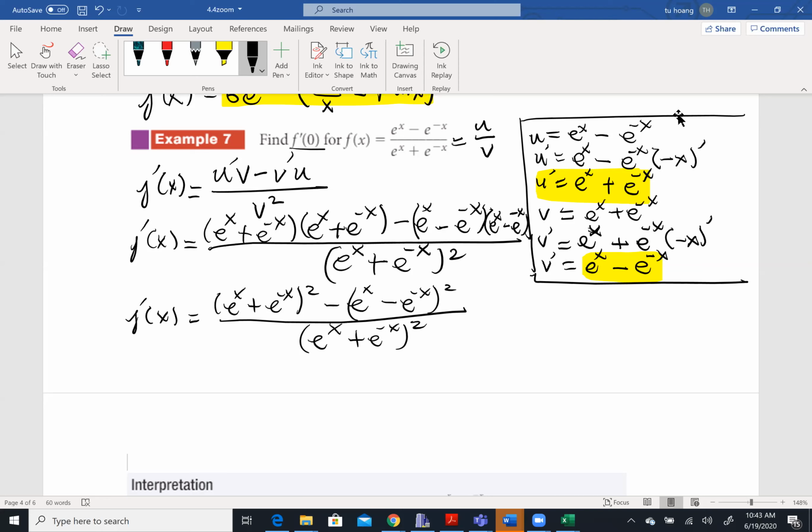So you can see that it is like, you know what? I'm just going to apply 0 into here.